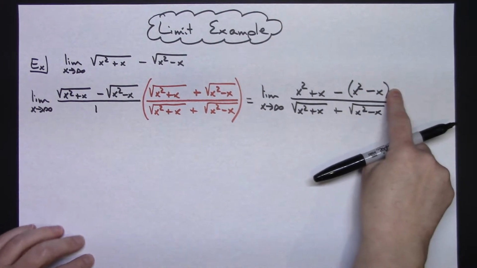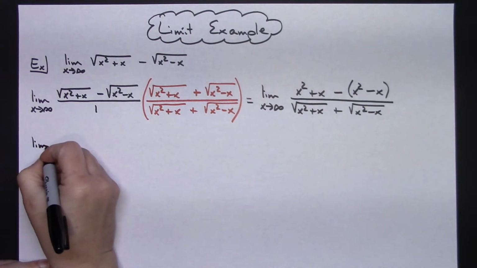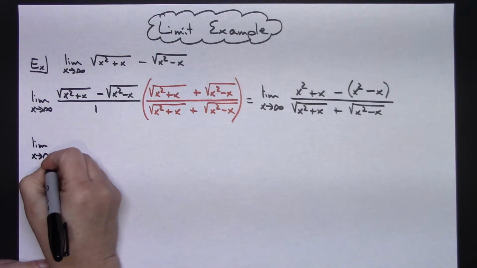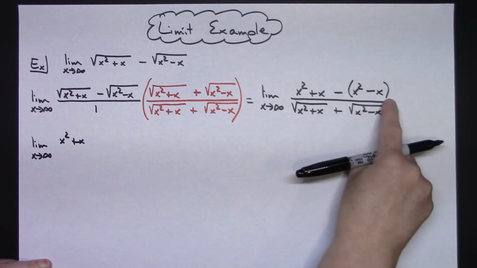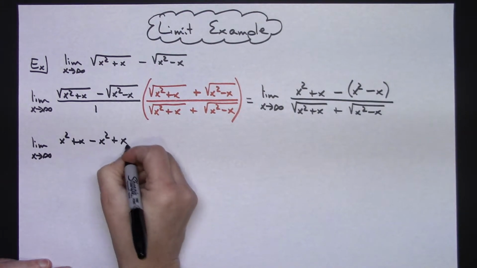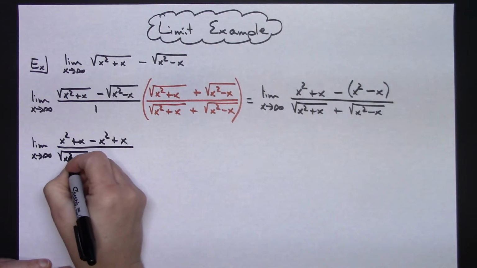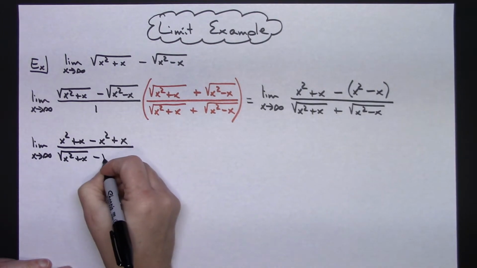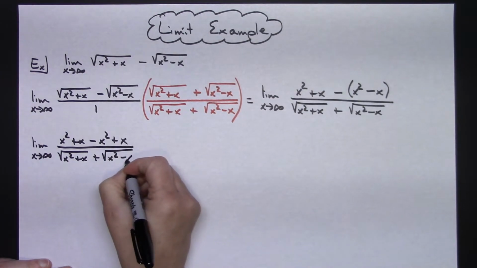On the next step, I'm going to go through and switch all those signs and see what cancels out. So I'm going to have the limit as x approaches infinity. I'll still have that x squared plus x. Switching the signs there, minus x squared and then plus x. The denominator is going to remain the same: the square root of x squared plus x plus the square root of x squared minus x.